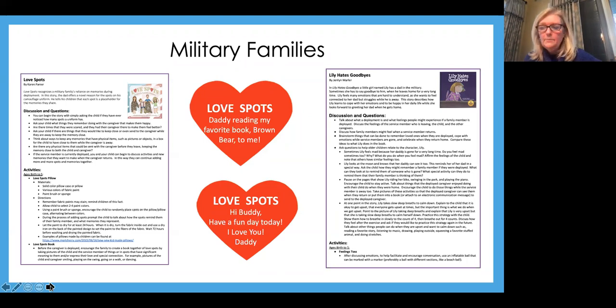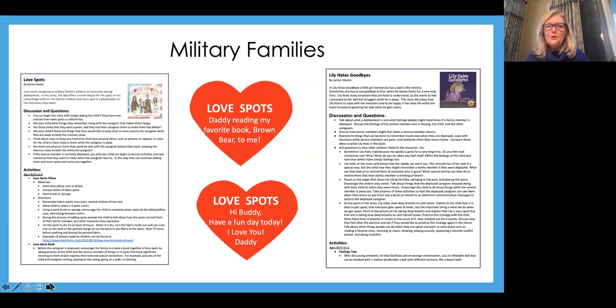On your resource sheet, it says the Military Families Learning Network, and they have a whole list of books around different things like deployment, homecomings, those kinds of things. But they also have some book nooks that go with some of their books. So the Love Spot one is talking about all the little spots on an Army uniform, and that every time, those little spots represent love spots.